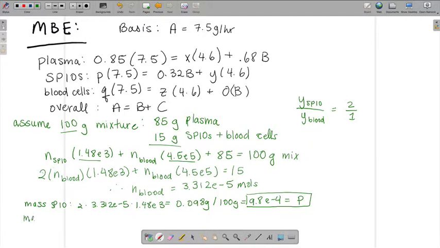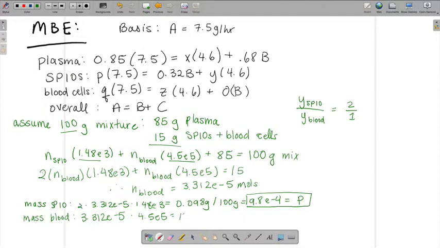Similarly, we can say that the mass of blood is equal to 3.312 e negative 5 times 4.5 e5, because that's the molecular weight of the blood cells.